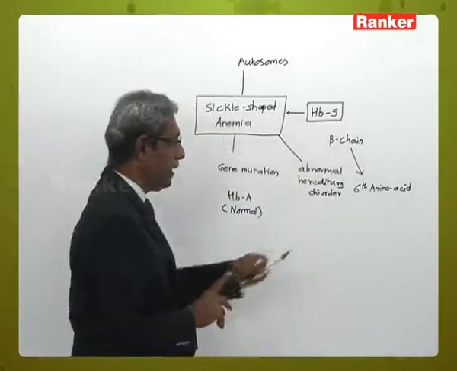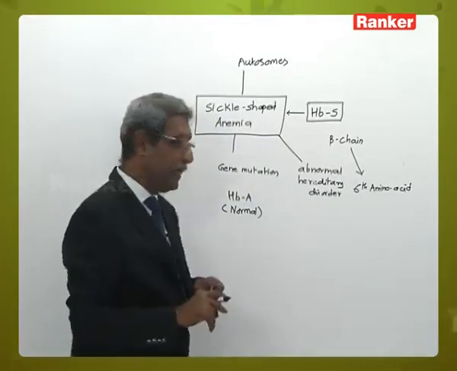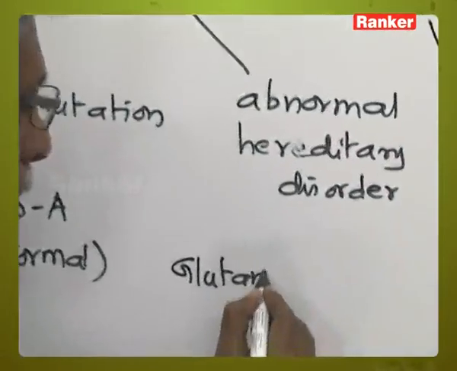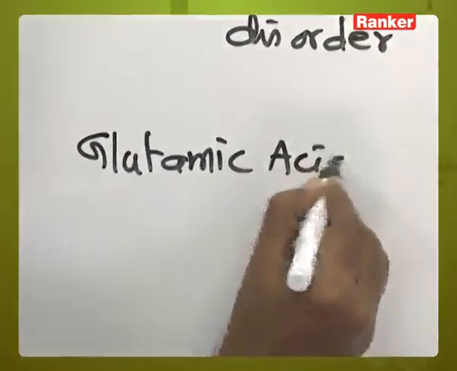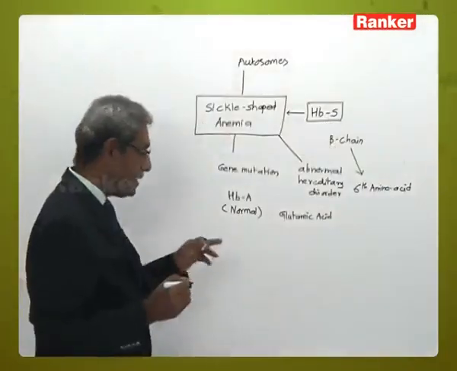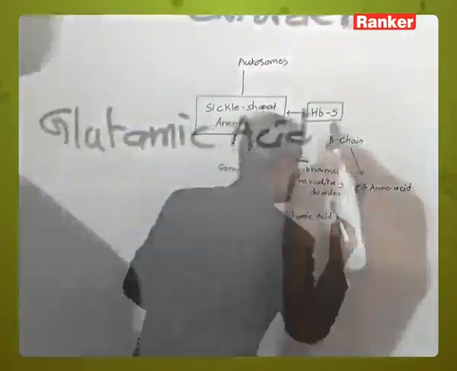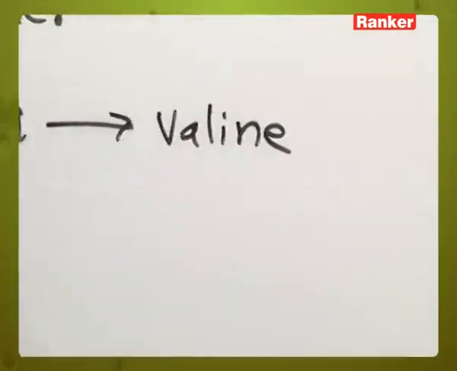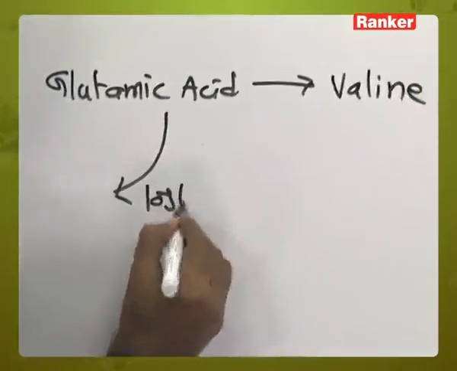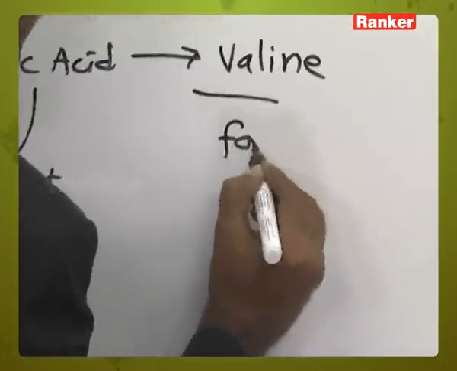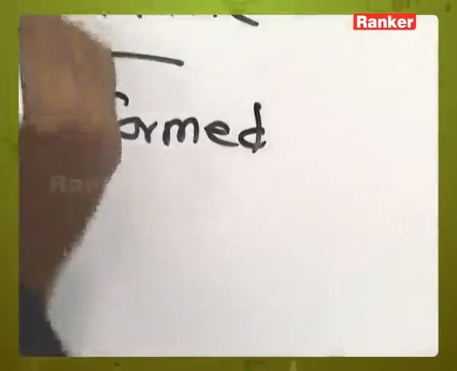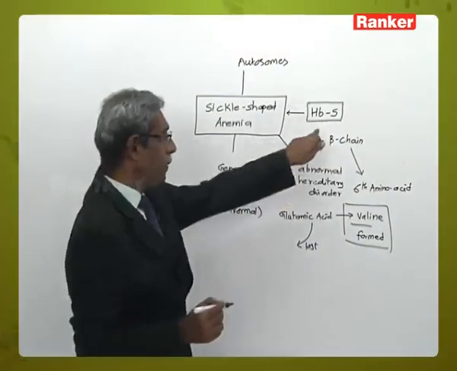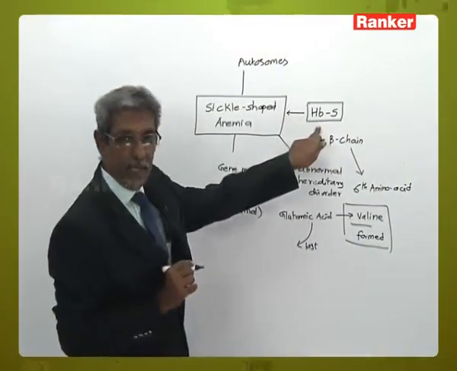On the 6th amino acid of the beta chain, there is a change: glutamic acid is replaced by valine. That is, glutamic acid is lost and valine is formed. So the presence of valine is a very important event in the formation of HbS.